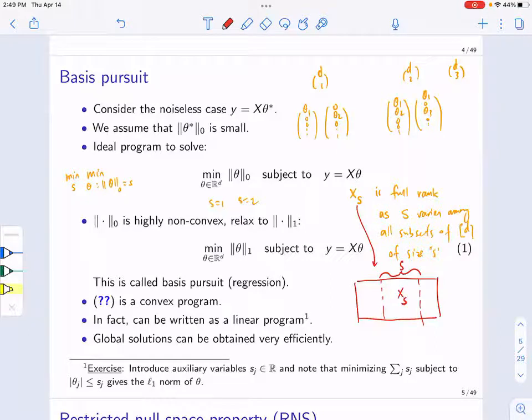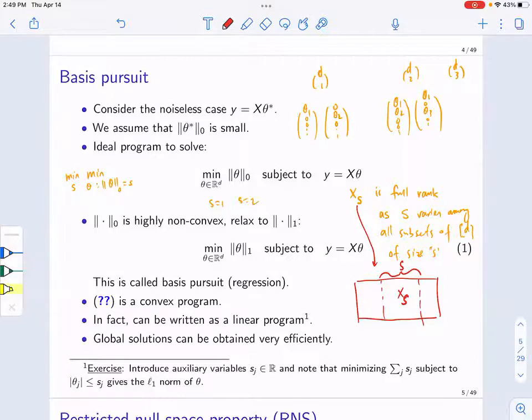Because we don't know which one of these subsets is going to be the support, we can impose this assumption that X_S is full rank for all these subsets. If that's the case, then the sparse solution has to be unique. We need some sort of assumption like this.